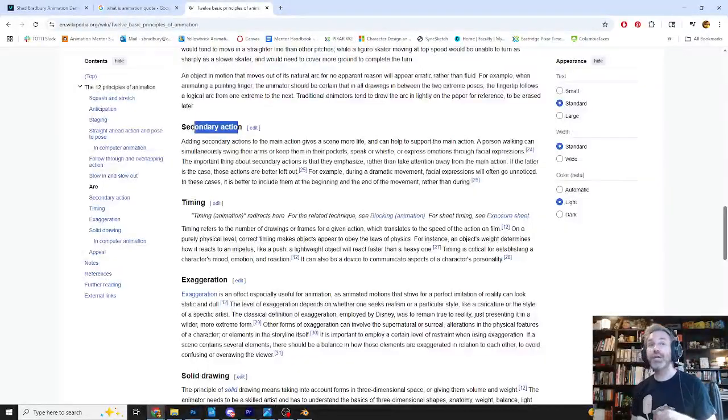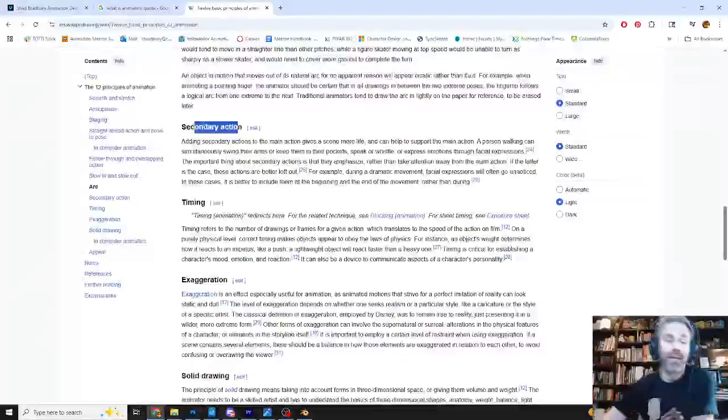The secondary action there is me taking off my headphones. If someone was walking and smoking, that would be their secondary action. If I'm bored and just sitting here, and then I go like this, this is going to be my secondary action, like a tap or a fidget. We won't be dealing much with this in this class.